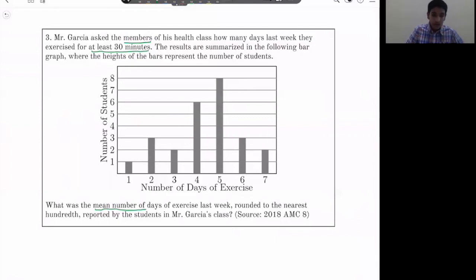So we can see that there's 1 one, 3 twos, 2 threes, 6 fours, 8 fives, 3 sixes, and 2 sevens.